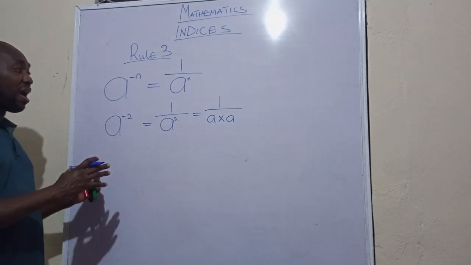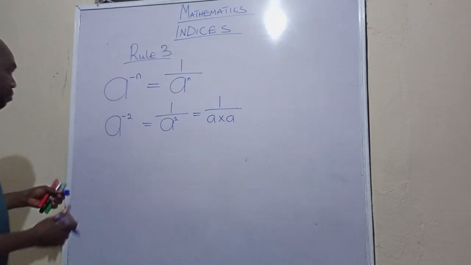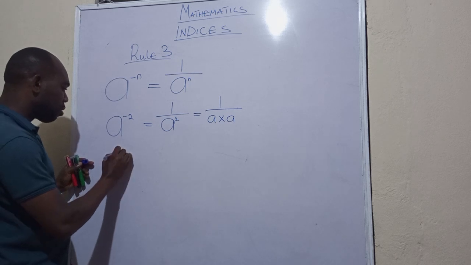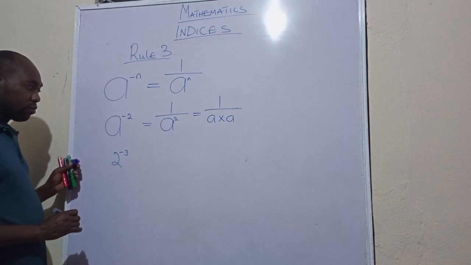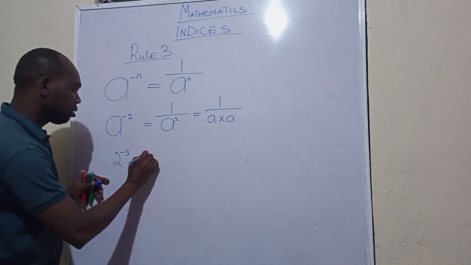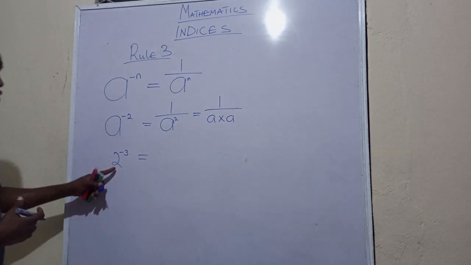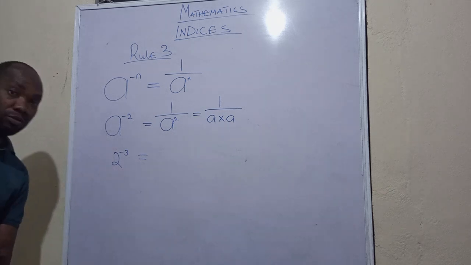But now let's use a number in the place of a. For example, we have 2 raised to the power of minus 3. Look at this. At this point, the minus sign makes 2 reciprocate, that is, turn upside down.